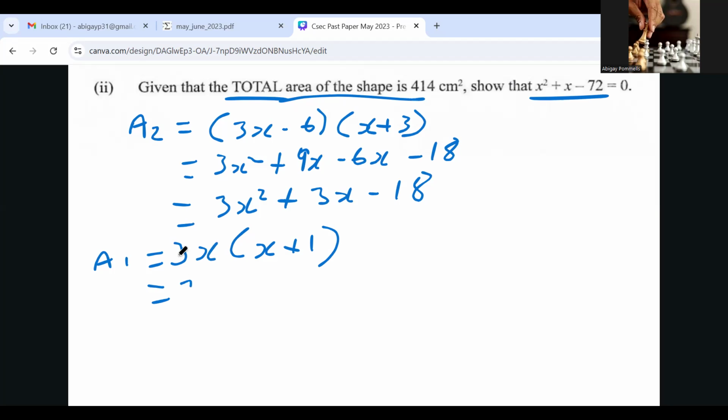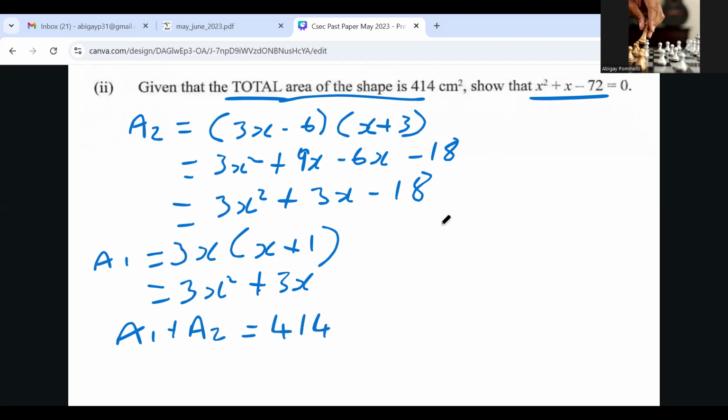So this is 3x squared plus 3x. All right, so that is our area now. We're supposed to find the total area of the shape, which is 414. So we know that A1 plus A2 is going to equal 414.